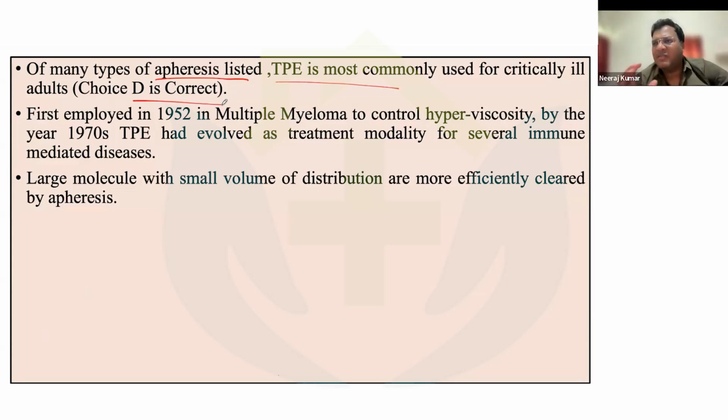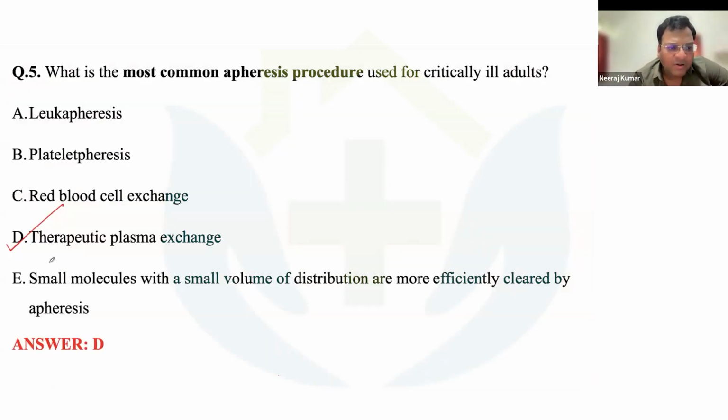Why? Because this strategy was first employed in 1952 in a multiple myeloma patient to control hyperviscosity. And by the year 1970, TPE had evolved as a primary treatment modality for several immune mediated diseases and large chain molecules. I think again it's a one liner, not related to apheresis, but a statement that small molecules with a small volume of distribution are more efficiently cleared by apheresis.